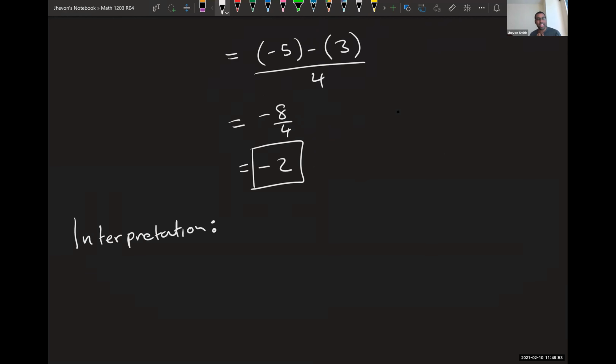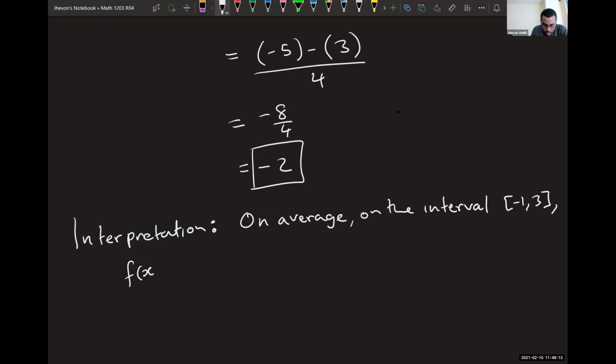Okay, so here's what that minus 2 means. It means on average, on the interval [-1, 3], f of x decreases, and that decreases is because of the negative sign, right?